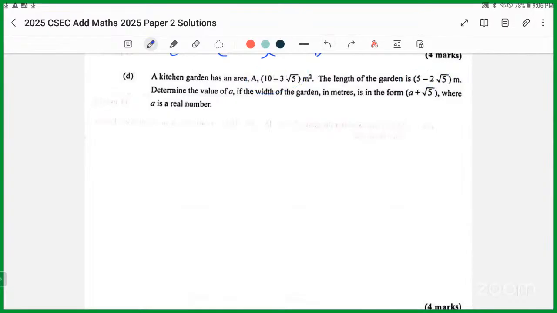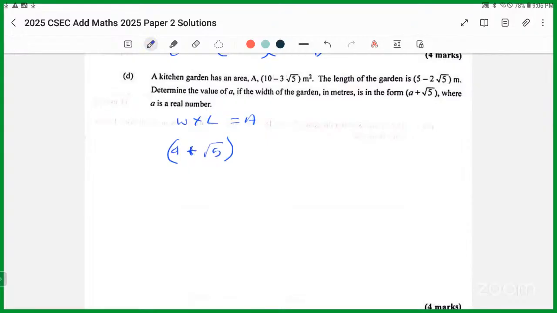Multiple ways to do it. I'm going to multiply them. This times this equals that, right? Length times width equals area. I'm going to say the width times the length is equal to the area. So it is A plus root 5 times this one.